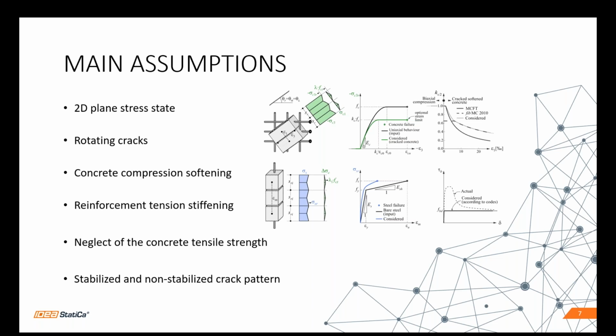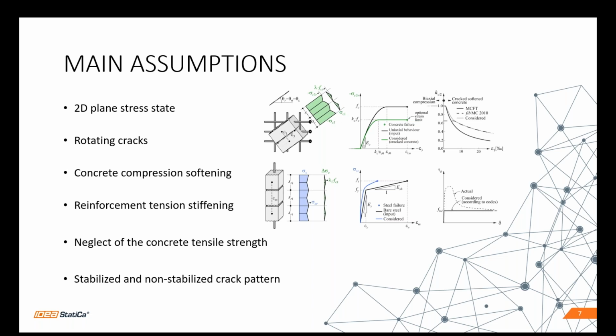We assume concrete compression softening. So it means that the concrete is fully cracked before loading by default. Also, we assume reinforcement tension stiffening. And in this case, we distinguish between stabilized and non-stabilized crack patterns.